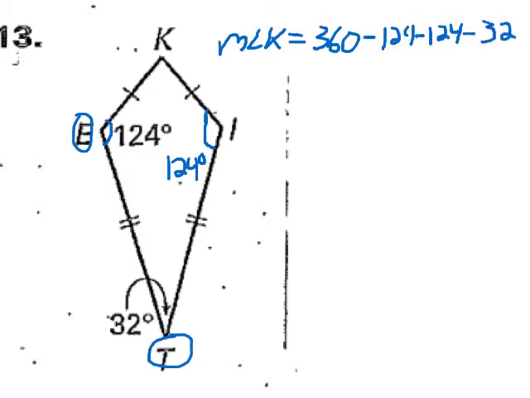Okay, and when you actually do that, you should get the measure of angle K is about 80 degrees, and you subtract all those from 360.